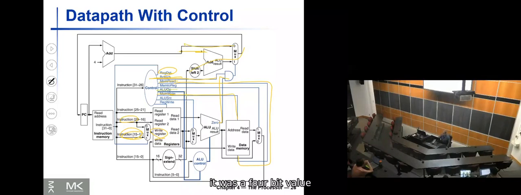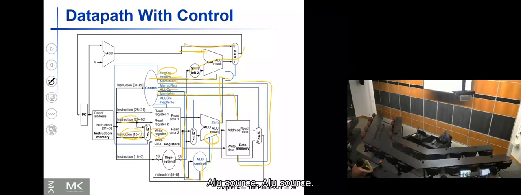ALU operation was a 2-bit value coming from the instructions, and it will be combined with the function code, and it becomes a 4-bit value for ALU control.